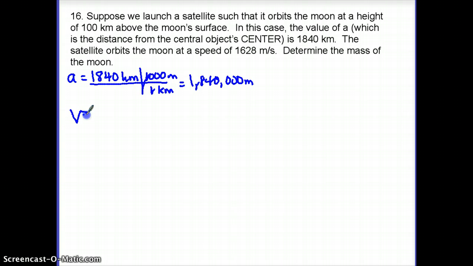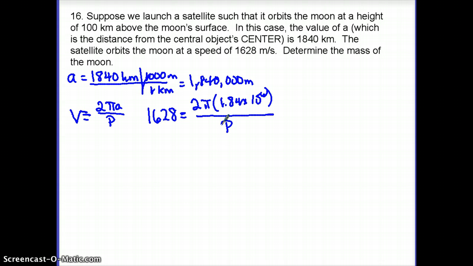So this is where this new equation, v equals 2 pi a over P, comes from. I've got 1,628 is v, equals 2 pi times, let's call this 1.84 times 10 to the 6th, divided by P. Again, I would encourage you to do this on your calculator yourself. Make sure you know how to plug in the numbers correctly. I'm going to do the math. So I get a period of 7,098 seconds.